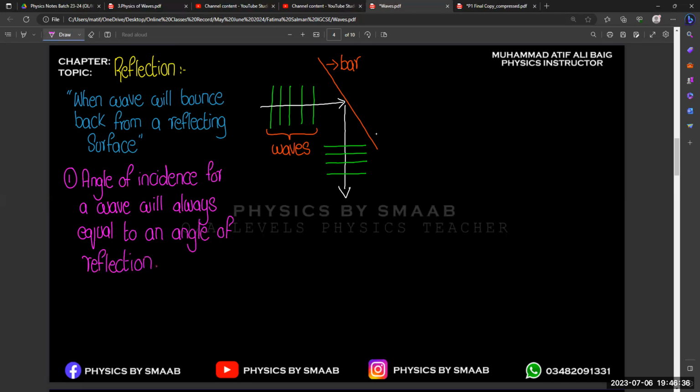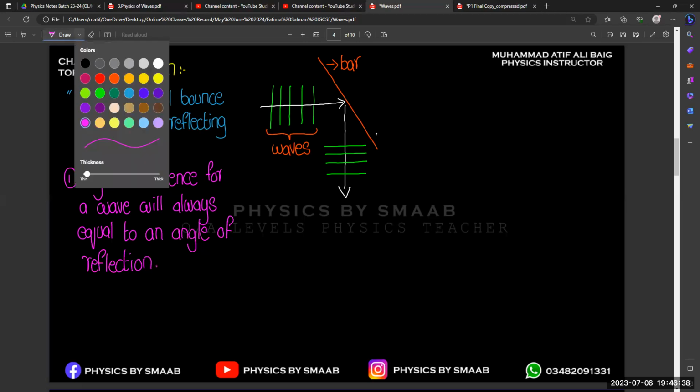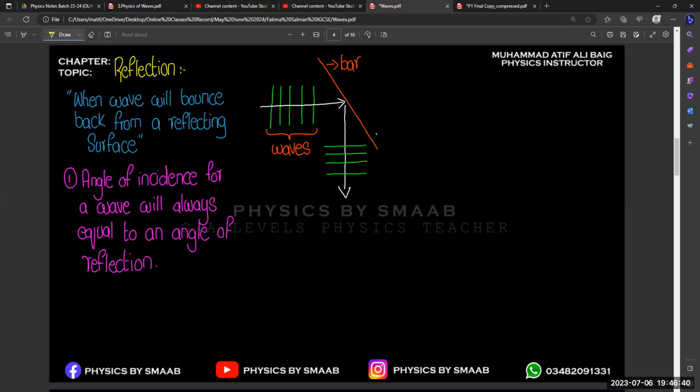First of all, the most basic thing in measuring the angle is that you first need to consider a reflecting surface, right? This is our reflecting surface. You need to place your ruler in such a way that it is always perpendicular to the reflecting surface. Let's suppose this is the point where waves collide with the barrier.